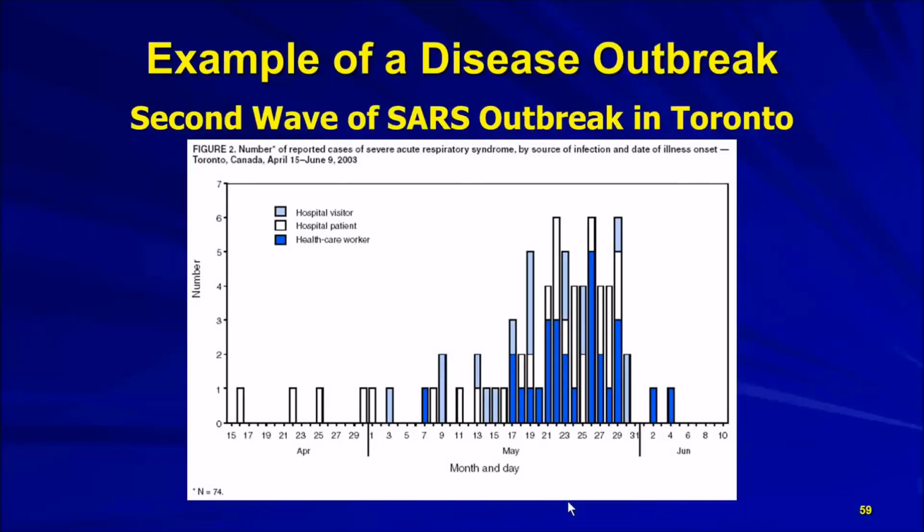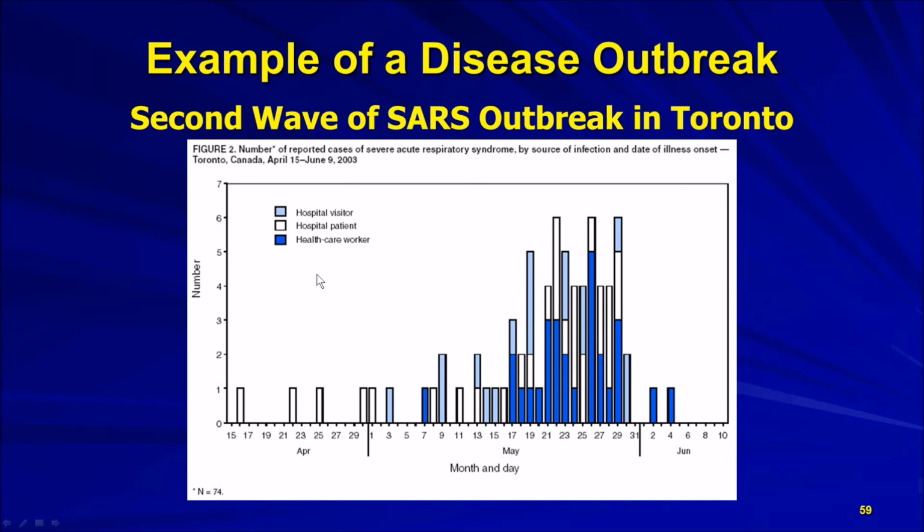Next, I want to give you an example of a disease outbreak, and this has to do with SARS. You can see that this outbreak didn't occur until May 1, and it ran through predominantly the entire month of May.